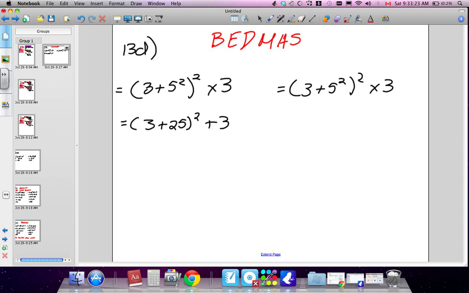Squared plus 3. Now, again, let's look at our BEDMAS. What do we do first? We do the brackets. So we have addition in brackets. So we'll still do it before we do the exponent. So 3 plus 25 is 28 to the power of 2. What is 28 to the power of 2?